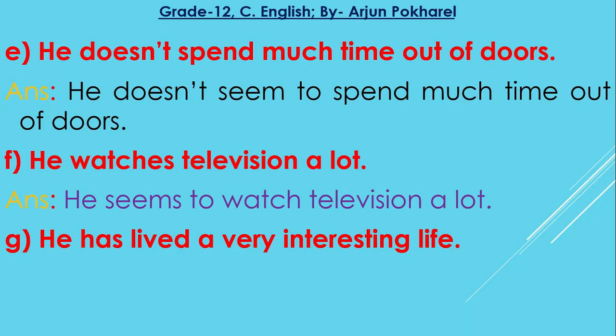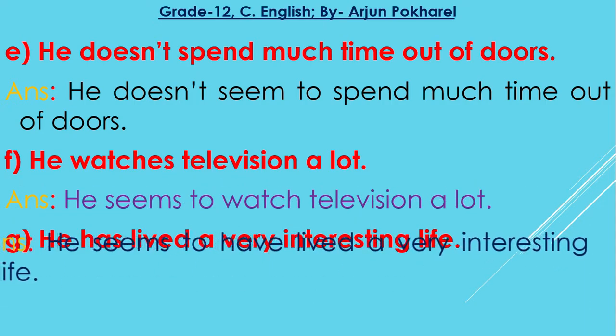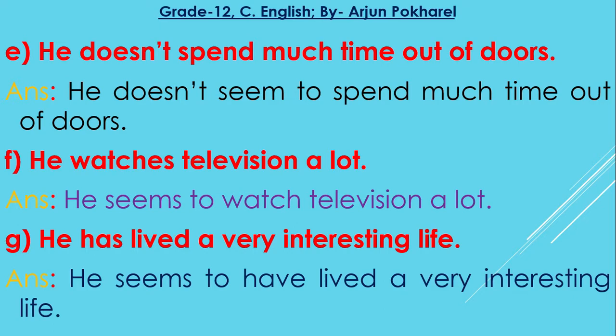And for present perfect tense we have to use seem/seems plus to plus have plus V3, for a positive sentence. That's why, he seems to have lived a very interesting life. Okay, this is the answer to the question.